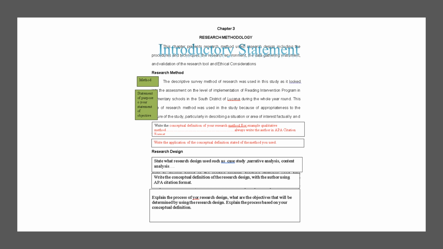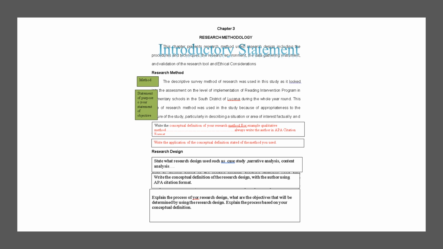For example, here, there is a descriptive survey. Then after that, you are going to write the reason why you selected such a method. You can get that reason from your statement of purpose or your statement of objectives.